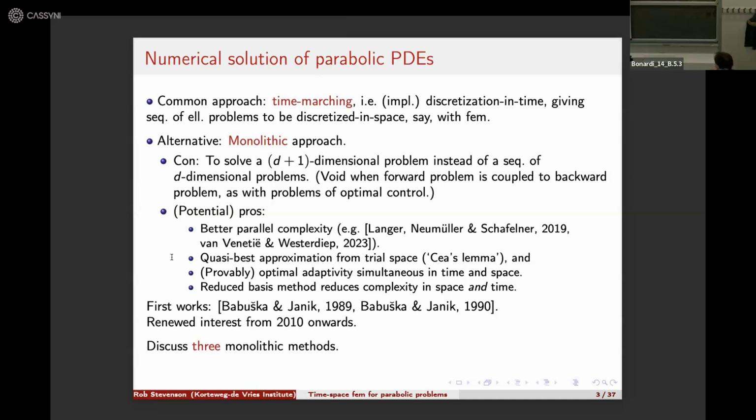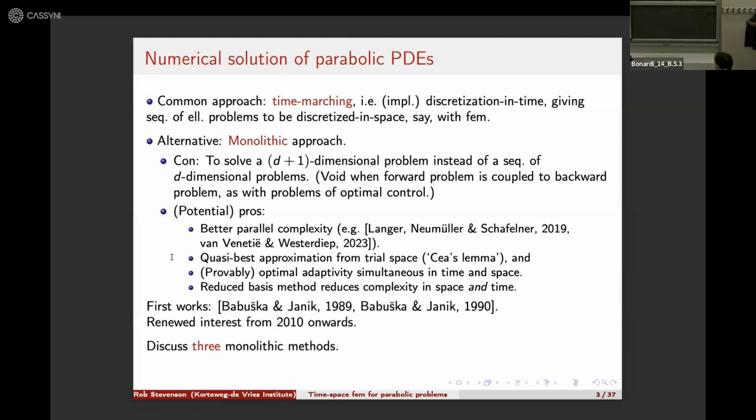And what I think is very important for me is that we can guarantee that we get a quasi-best approximation from the space we employ, like Céa's lemma for elliptic problems. So from the finite element space that we employ, we get a solution in that space, and we can show that it is up to a constant factor the best approximation from that space.